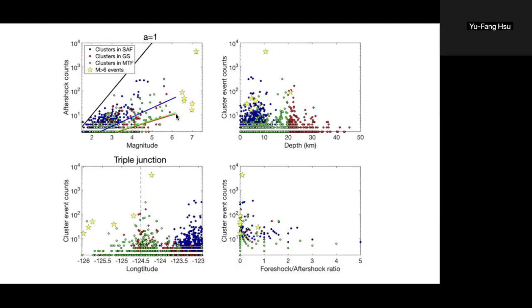These values are all much lower than the Northern and Southern California productivity, which are A equals 0.72 and 0.86 respectively. Also, from the distribution of cluster event counts and the longitude, we can see that the cluster event number increases at the triple junction.